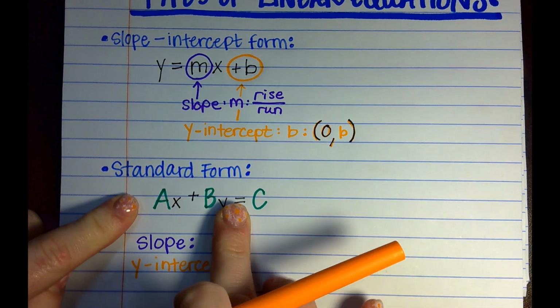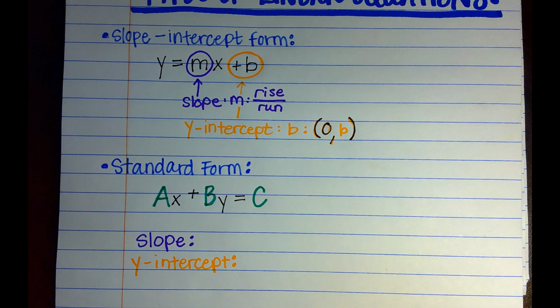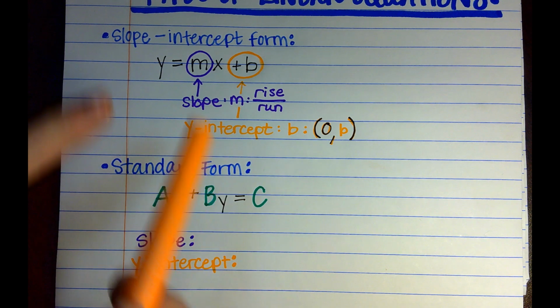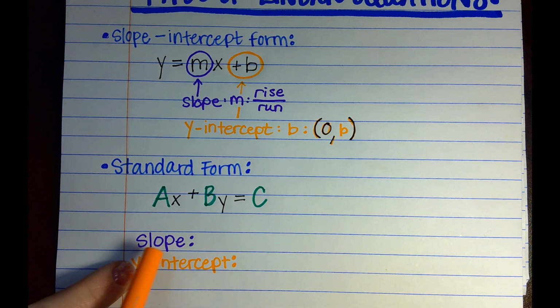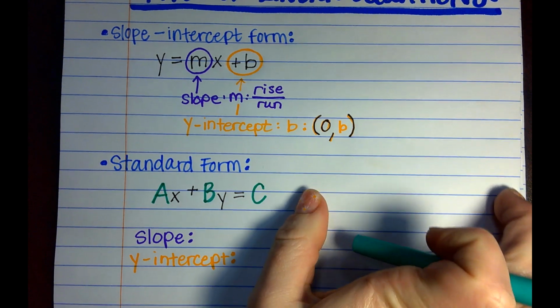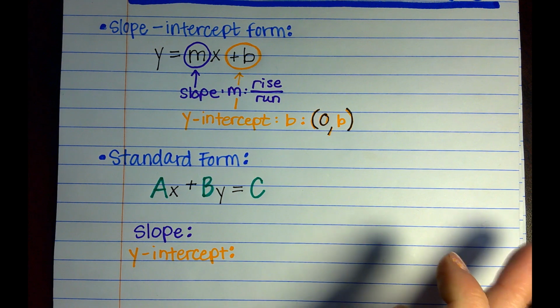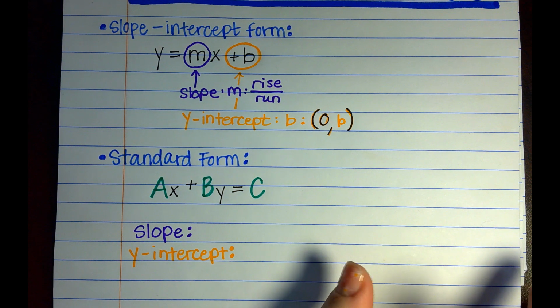So I'm going to show you how we can rearrange this equation to give us this same equation here, because that's how we're going to find our slope and our y-intercept. Now, as I'm showing this to you, it might look kind of insane, and I don't want anybody to freak out about it, because after I show you how I rearrange it, I'm going to give you the shortcut so that you won't ever have to rearrange it, ever.